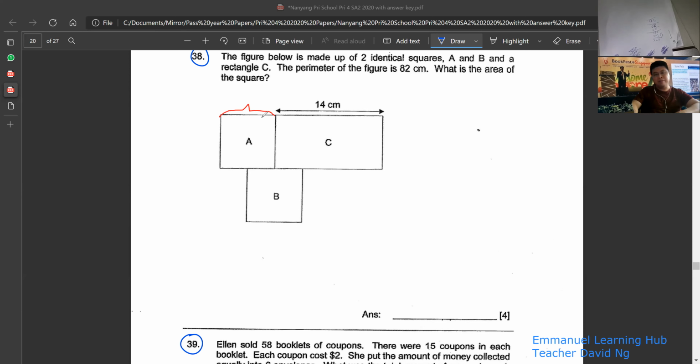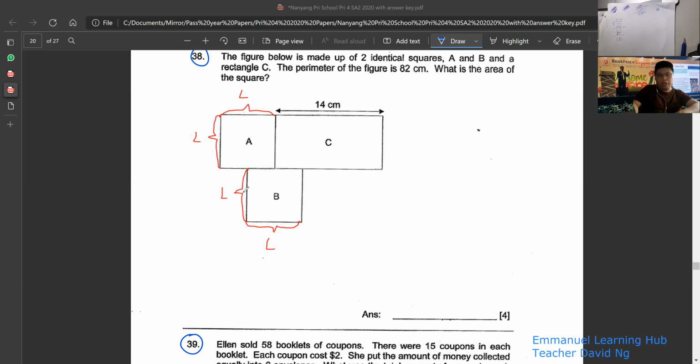Let's call the length of each square L. How about that? That'll be easier to do, right? Because the squares are identical, right?